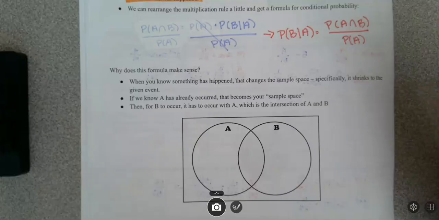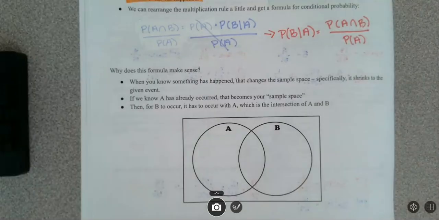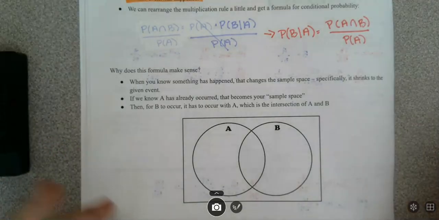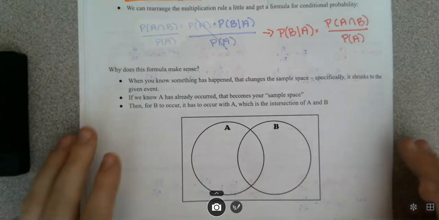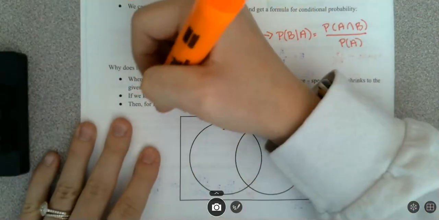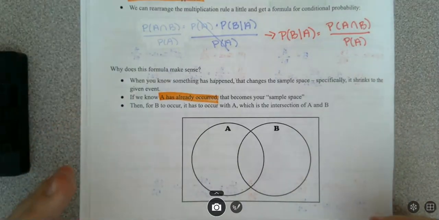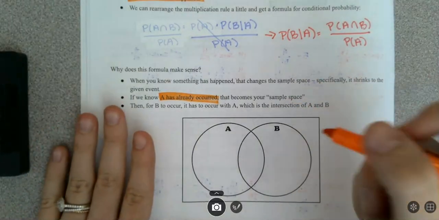Why does this formula make sense? Great question. When we know something has happened, that changes the sample space. I'm going to use the highlighting and shading that we've been looking at with Venn diagrams. It shrinks to the given event. We know that A has already occurred, so that becomes our sample space.